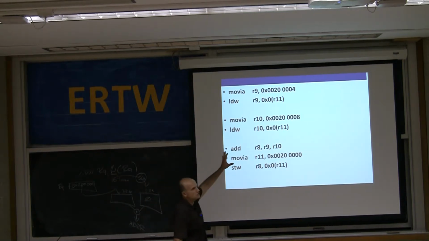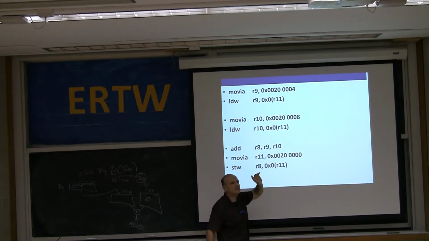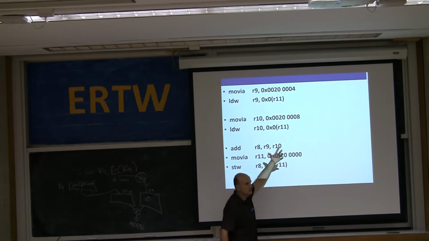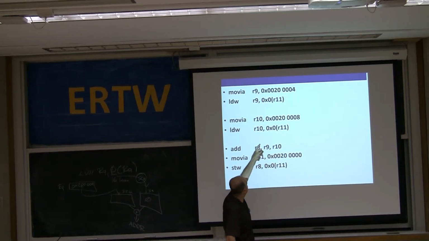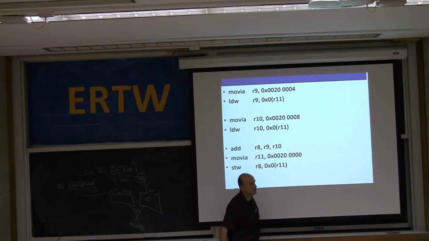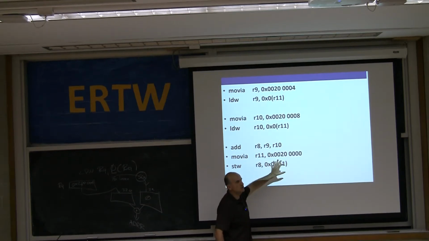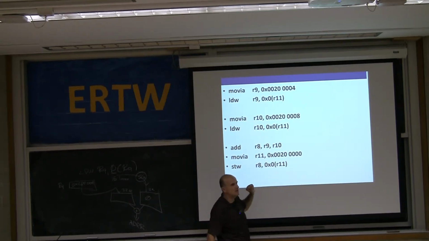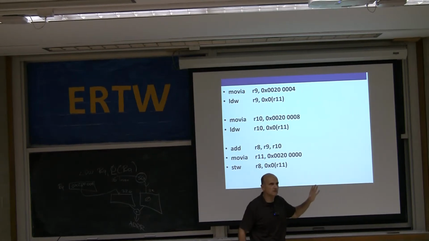The first 2 instructions load B into R9. The second 2 instructions load C into R10. This does the actual calculation, and this stores into A. And I haven't talked about this guy, but it's the mirror of the load. I'll talk about this. Okay.